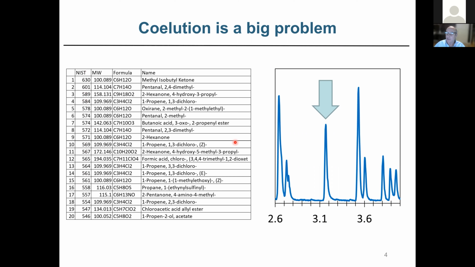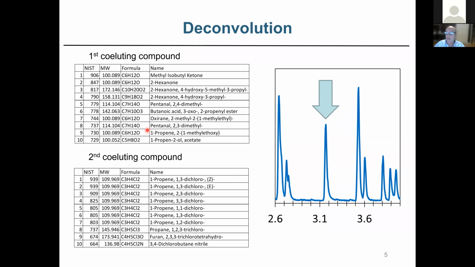So the next thing we can do is use some form of deconvolution. In a deconvolution, you mathematically try to identify the underlying spectral components of the peak. There are a lot of different ways to do this.